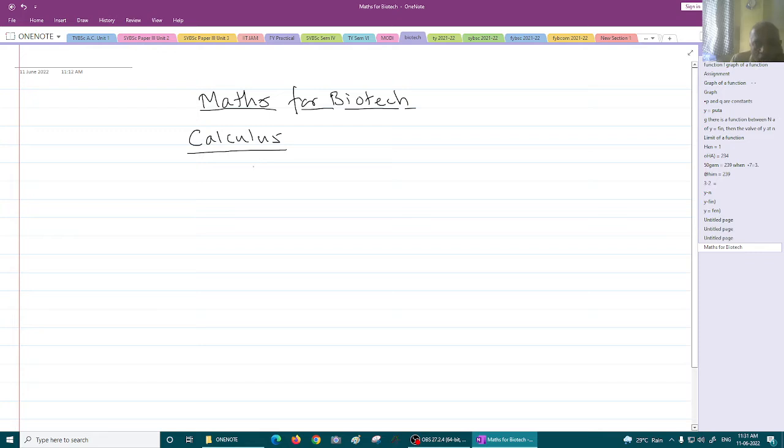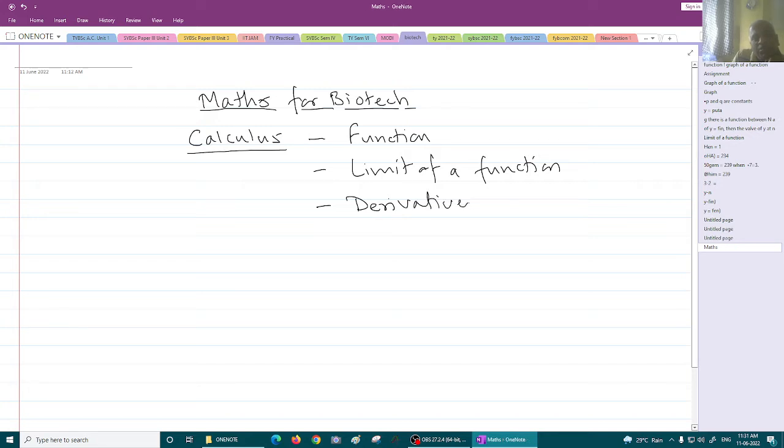We have to learn 3 major concepts. One is called the function. The second is called the limit of a function. And finally derivatives. These are the major concepts.